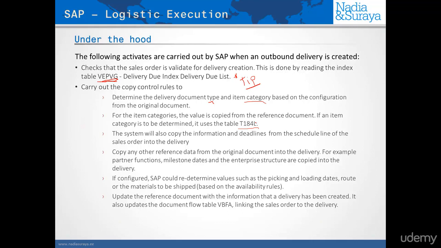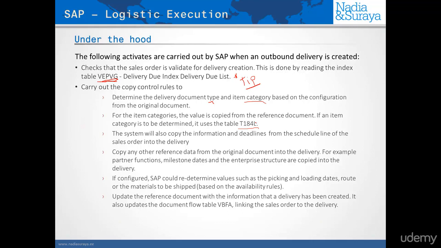And it does that by reading the table T184L. As the logic is very similar to the sales order item determination, it reads that table, determines the item category for that delivery, and it puts it in there.